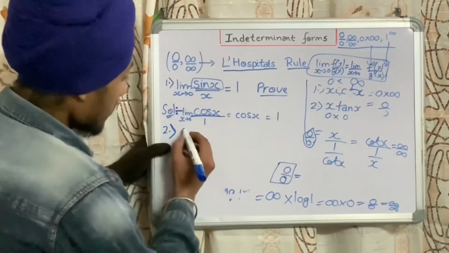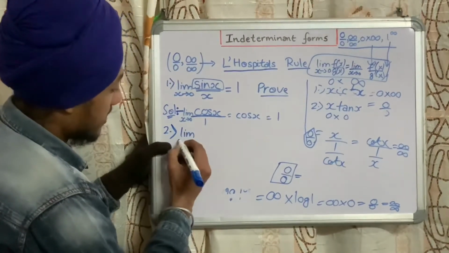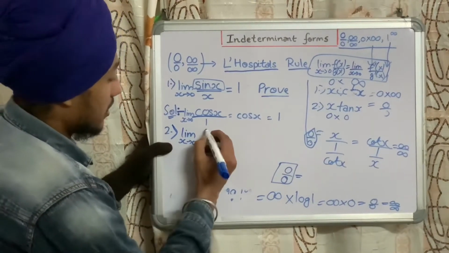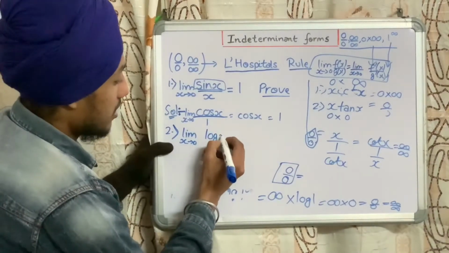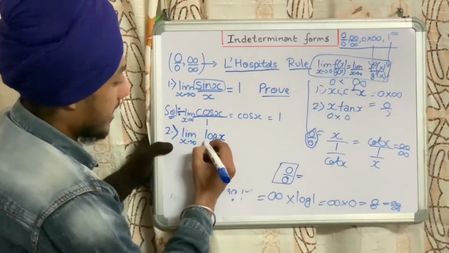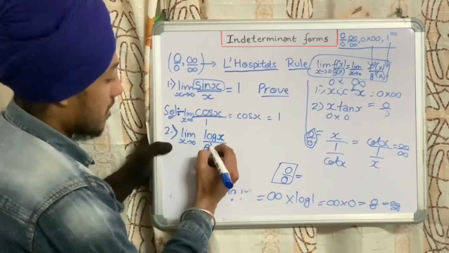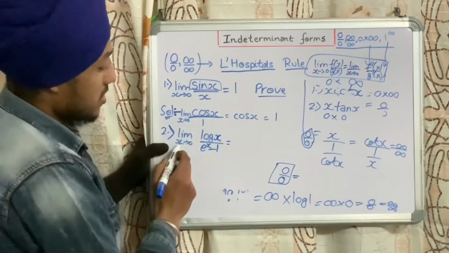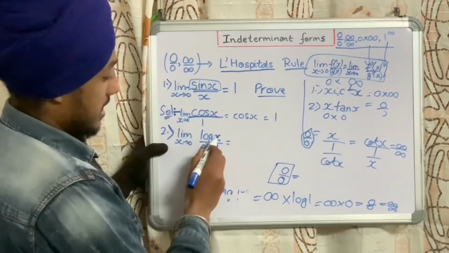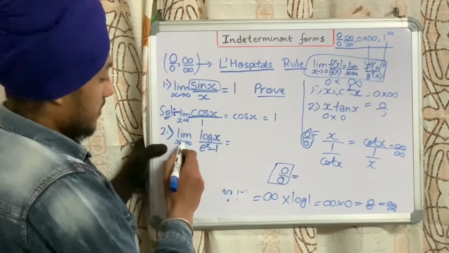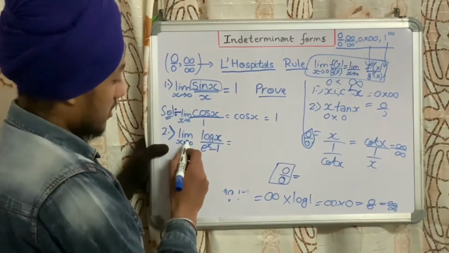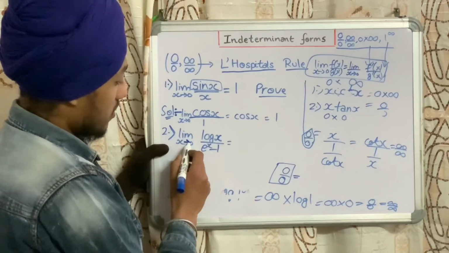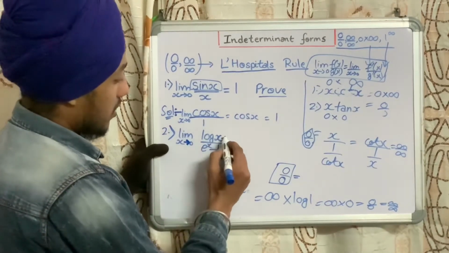So let's look at another example, which is log x upon e raised to power x minus 1. When we apply 0 here and 0 here, it will definitely give us a value.